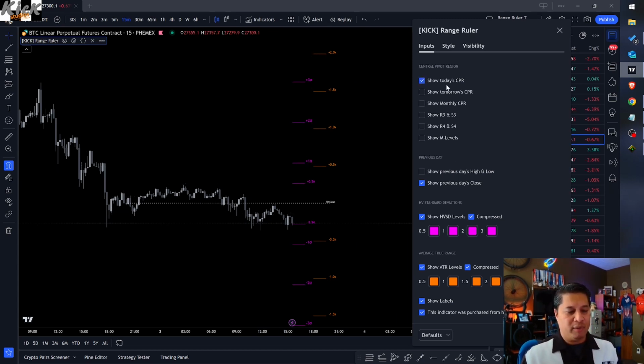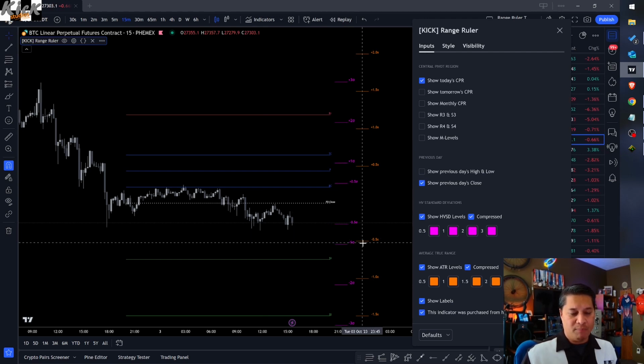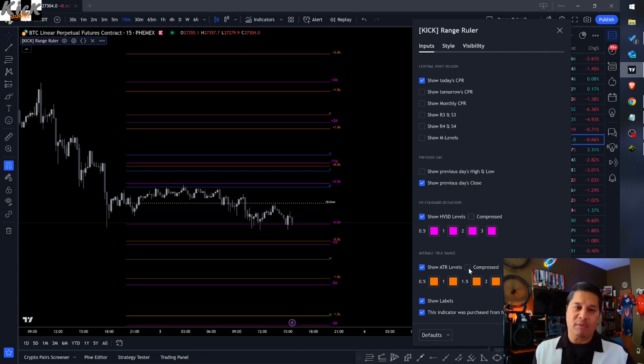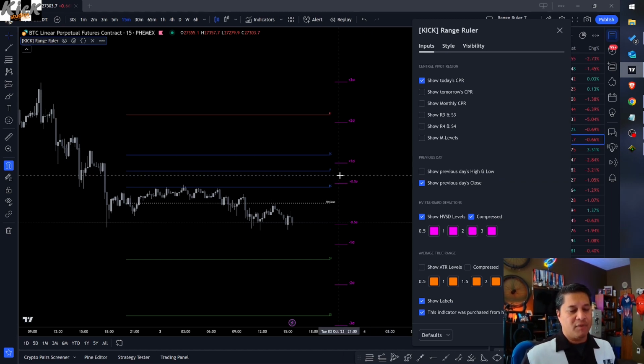If I turn this on, I can use, say, my CPR as my primary measuring range, but also have these off to the side so I know where they are, but they're not getting in the way. If I turn these off, I'm going to have lines galore cutting all through my price. So it's just a way of keeping things a little cleaner. Often I'll have this view on, where I don't use the ATR as much, but I have my SDs set off here to the side.